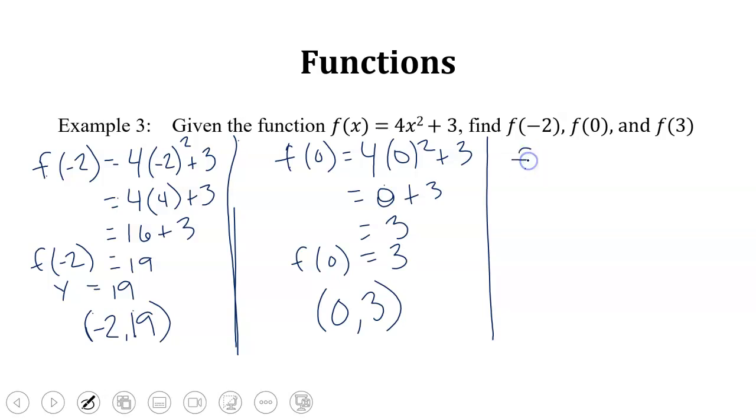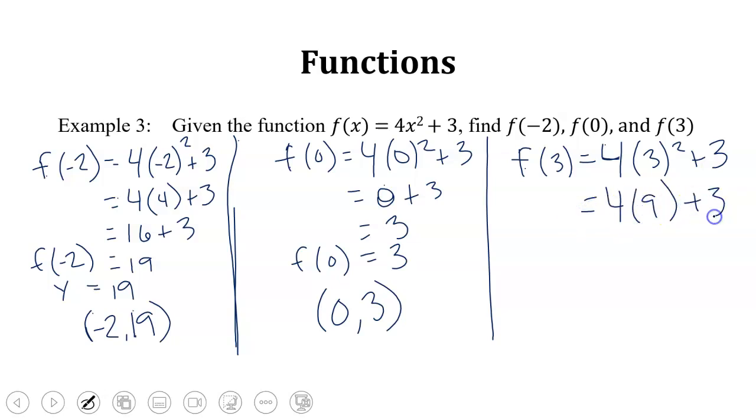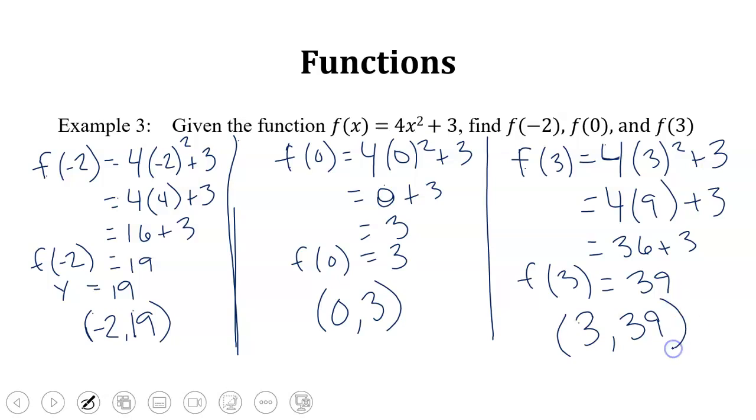So f of positive 3 equals, instead of our x, plug in a positive 3. So 4 times 3 squared plus 3. 3 squared is 9. 4 times 9 is 36, plus 3 is 39. So it could be written like that, or if we wanted to write it as an ordered pair, our x was 3, and 39 is the y.